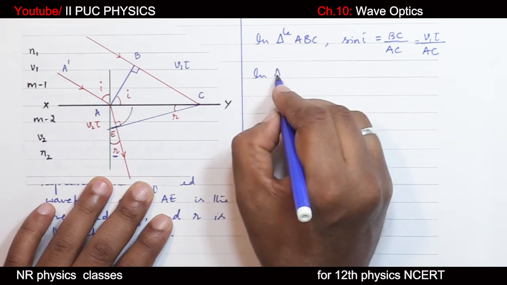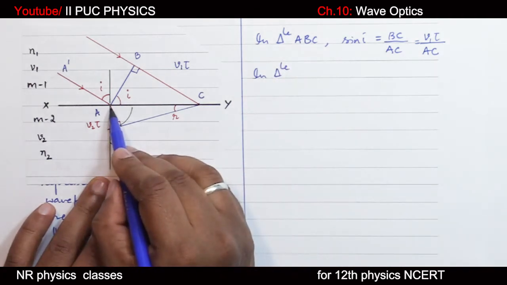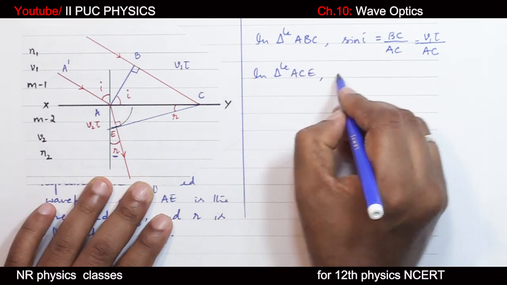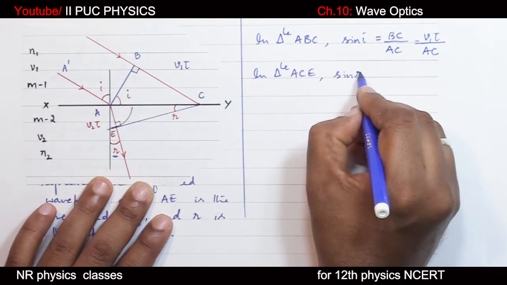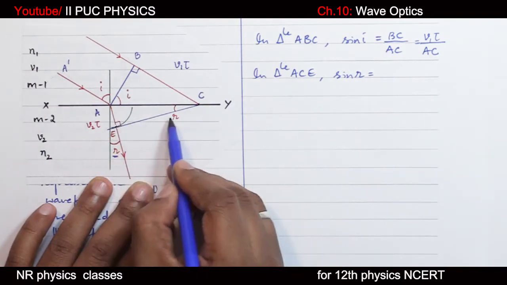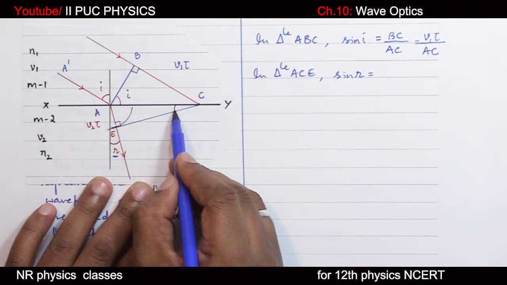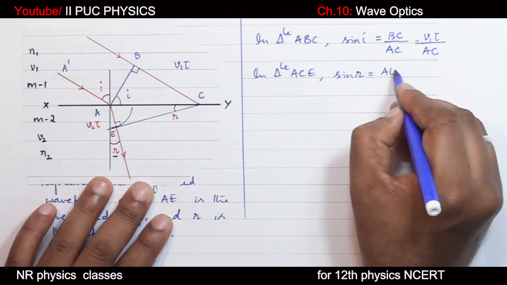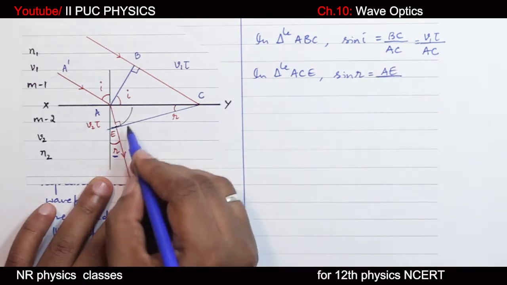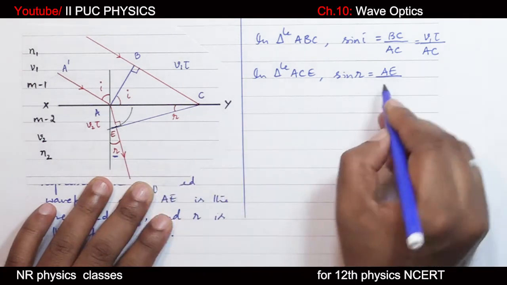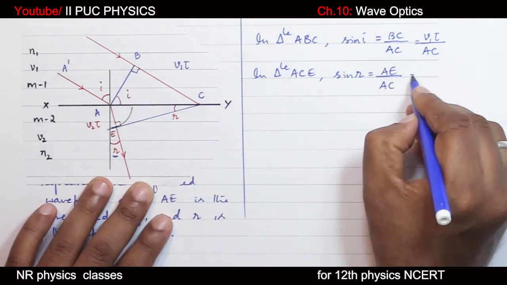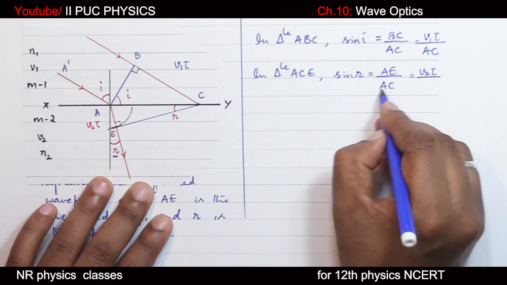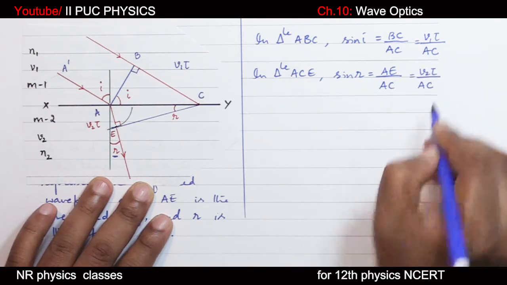Similarly, in triangle ACE, let me consider sin R. If this is R, sin R is opposite side AE by hypotenuse AC. AE is V2 tau. AC is AC.